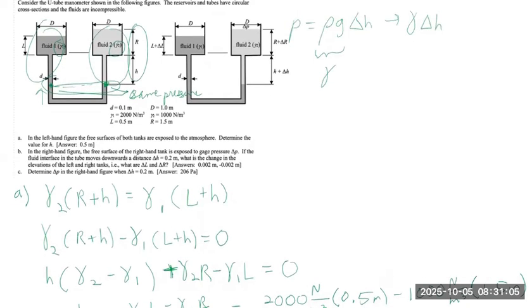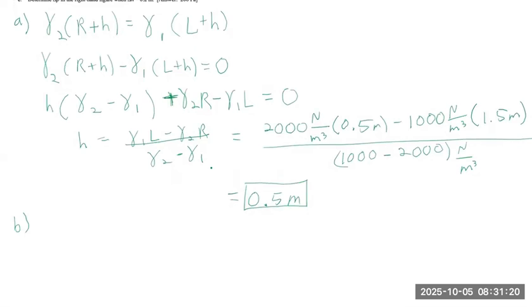And those two values are the values over here, so delta L and delta R. So basically, we note that the fluid volumes remain constant.